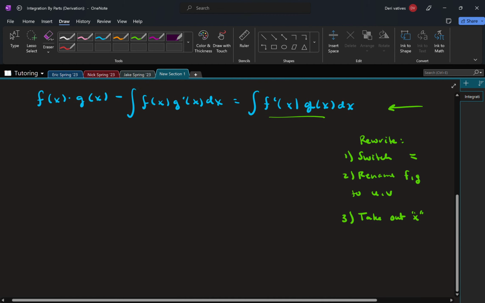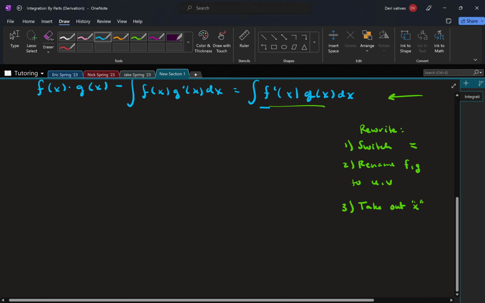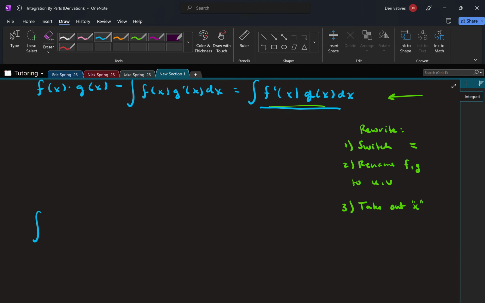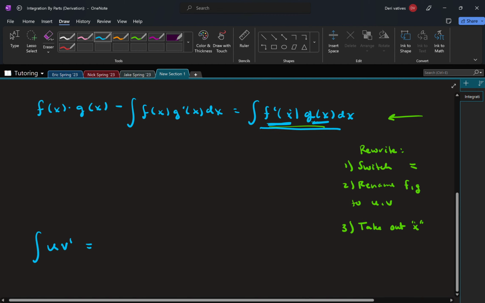So let's rewrite it. I have the integral. I'm going to call g of x u, and f prime of x, f I'm going to call v, so v prime. That's going to be equal to u v.